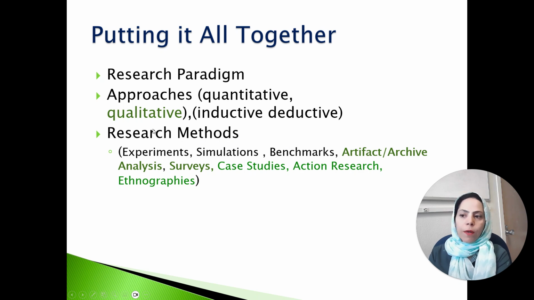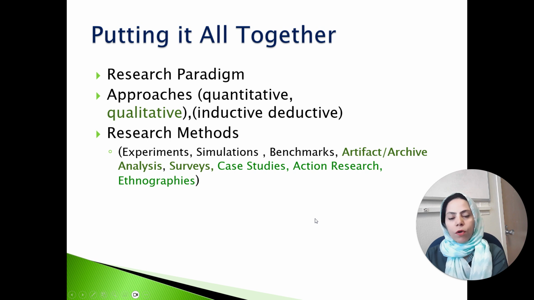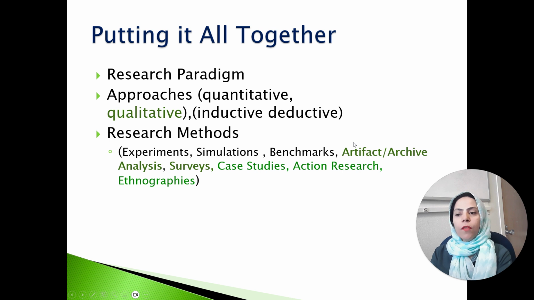Simulation is a kind of experiment, or benchmark is where you evaluate against a standard a phenomenon that is occurring in a certain context. And then you have another method called archive analysis. You have surveys, case studies, action research is a method, and ethnography is a research method. So you have a lot of tools available that you use in your research.